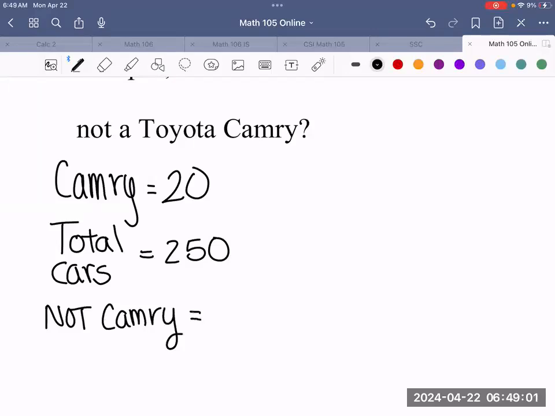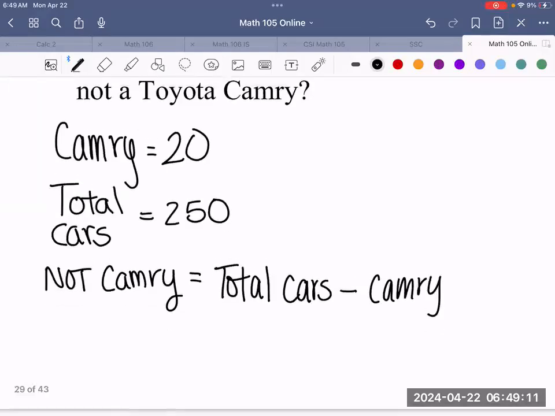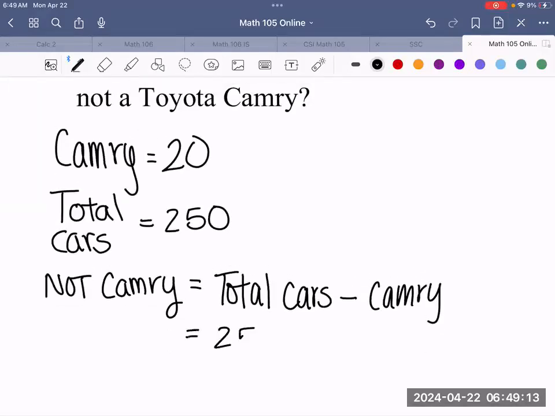Well, to get that negation, we're going to take the total amount of cars and subtract out the Camrys. So 250 minus the 20 is equal to 230. This 230 is all the cars in this survey that are not a Camry.